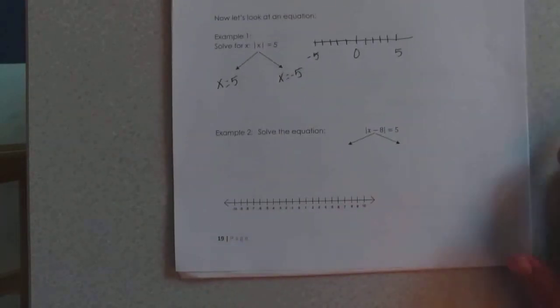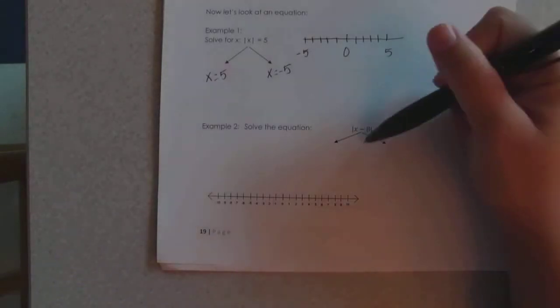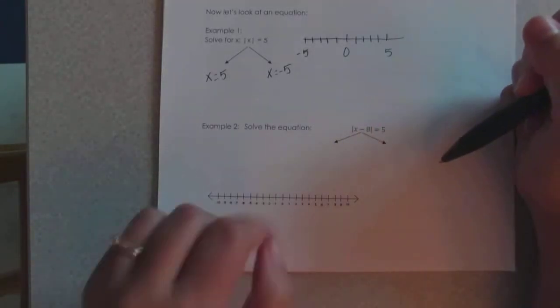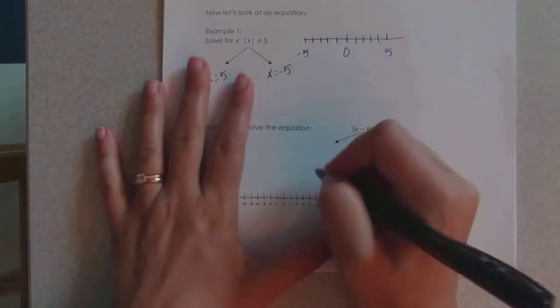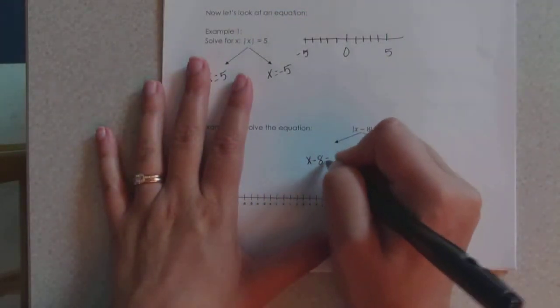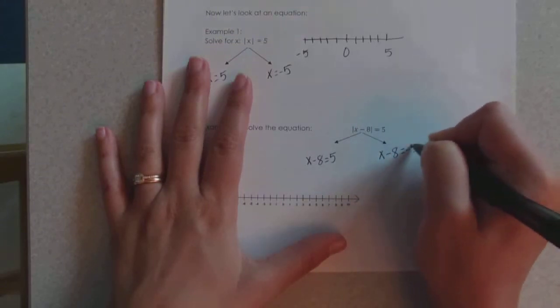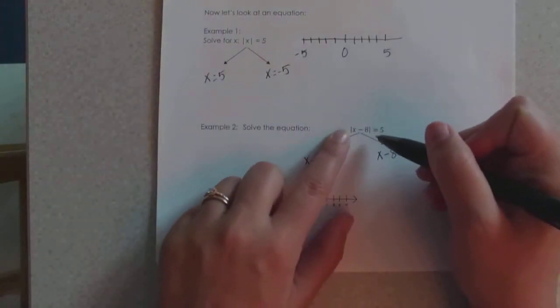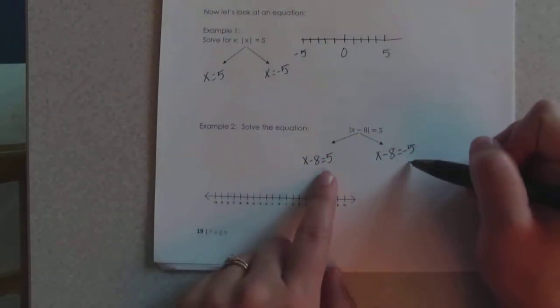Okay, so it's easy to understand what's happening here. Then when equations or inequalities get more complex, it's hard to visualize it, but the concept and the process is still the same. So absolute value of x minus 8 equals 5. Well, that means x minus 8 equals 5, or x minus 8 equals -5. So to get rid of the absolute value bars, you split it up into two equations.